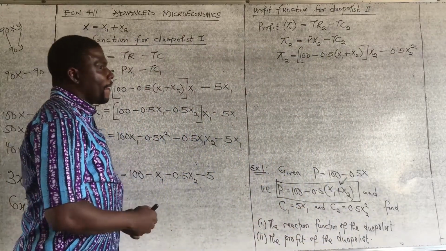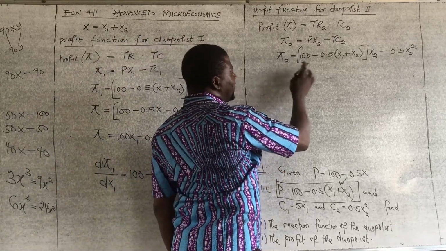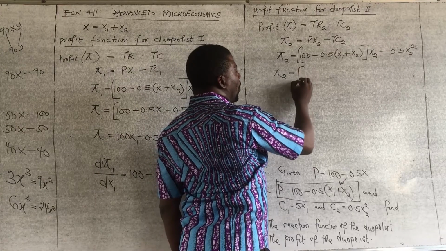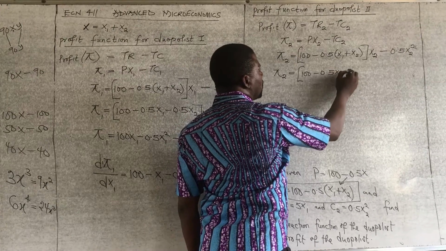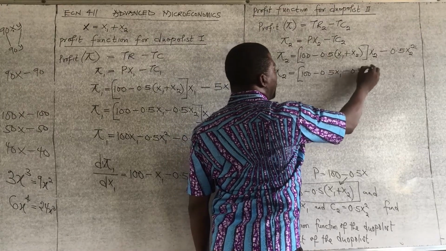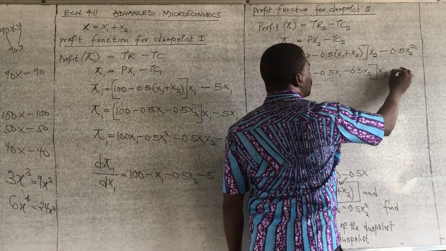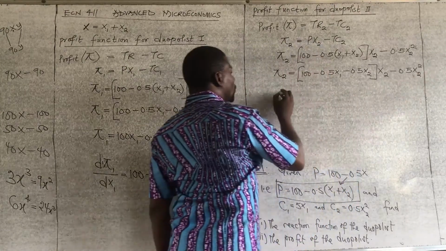Are we there? Yes. We are good. So here now, let's expand. Our profit is going to be 100 minus 0.5 x1 minus 0.5 x2, into bracket x2, minus 0.5 x2 squared.